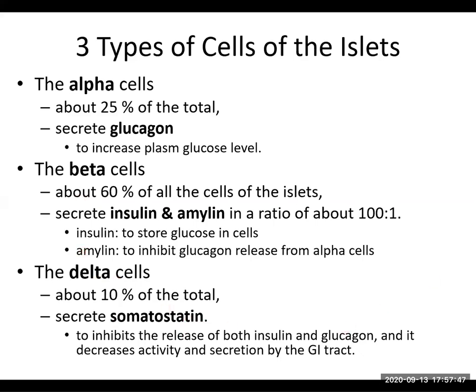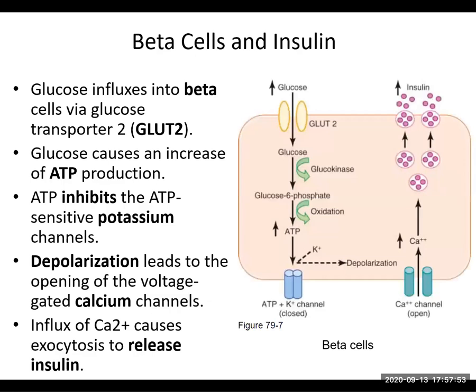So now you know. Now let's go into the detail of each one of those. This is how beta cell produces insulin. This is the beta cell. Insulin reflects the glucose in the blood. So how does the beta cell know it needs to produce insulin?